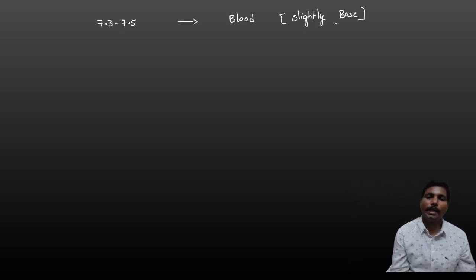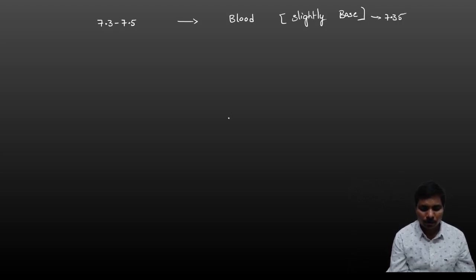Very, very important. Our human blood is slightly basic in nature, more than 7. Exactly, you can consider 7.35.